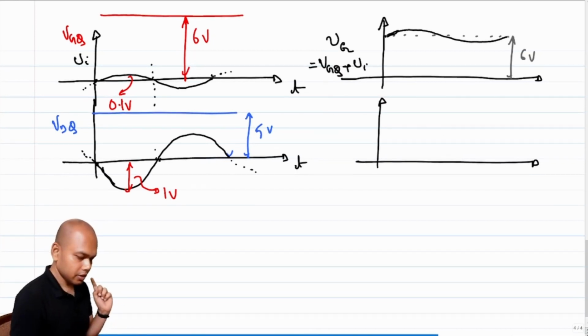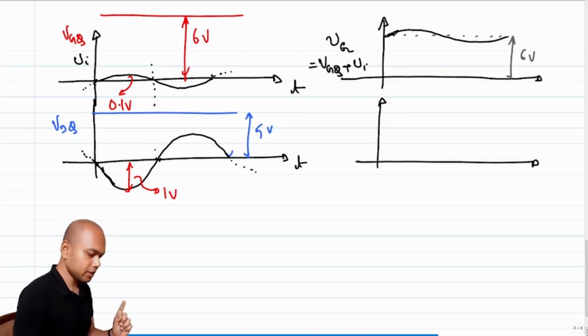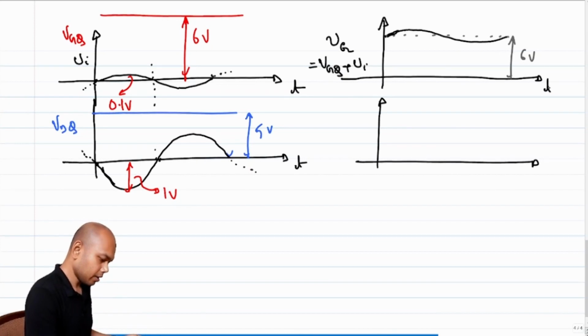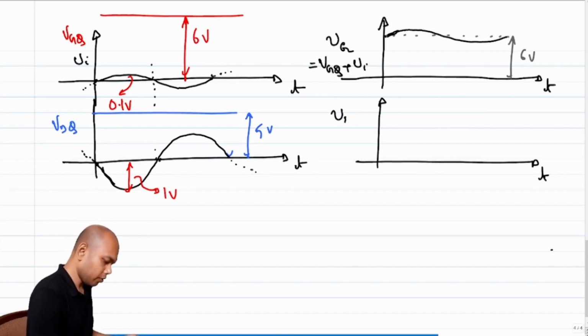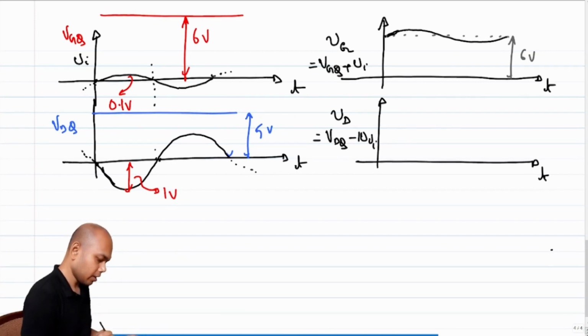Again, we are assuming the transistor is always in saturation, and that's why we are drawing all these plots. The total drain voltage is VDQ minus 10 times Vi, right? So I have some 5 volt line here.